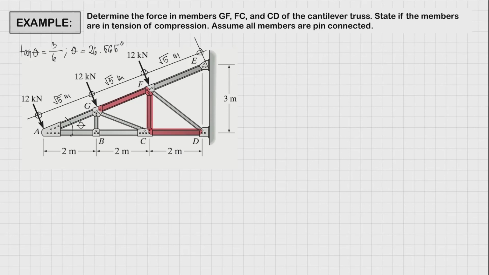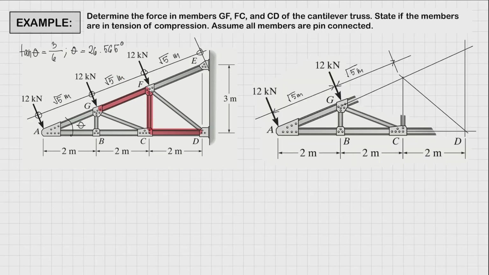So we're supposed to find the forces in these 3 members. So what we're going to do is we're going to apply the method of sections and cut our truss here. Alright, so let's draw the free body diagram for that one.